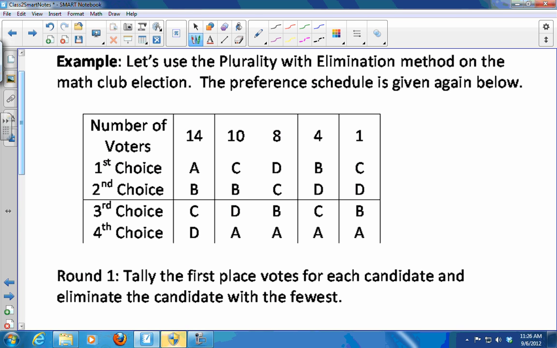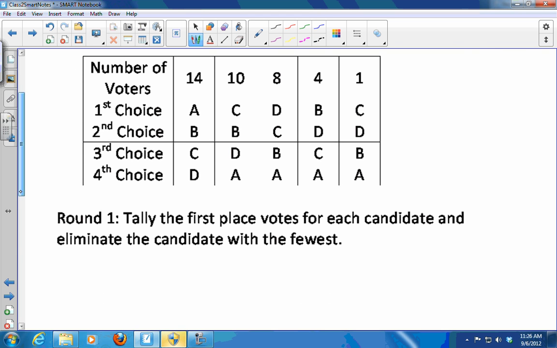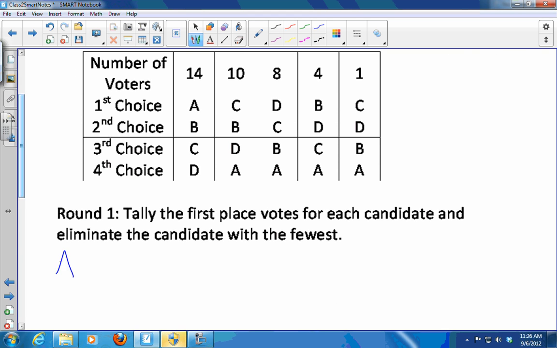Okay, so we're going to use the same math club election that we looked at before. And let's just remind ourselves, A won with plurality, and B won with Borda. So let's see what happens when we do plurality with elimination. So round 1, count up the first place votes for each candidate and see if someone has a majority. Candidate A has 14 first place votes.